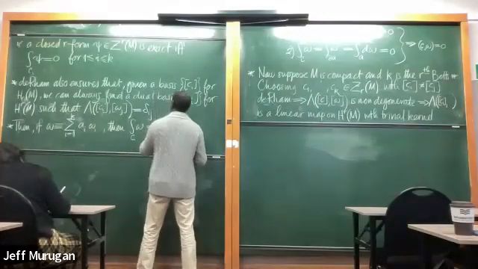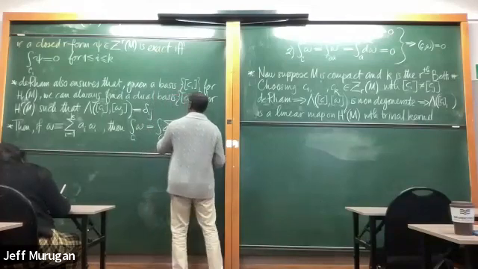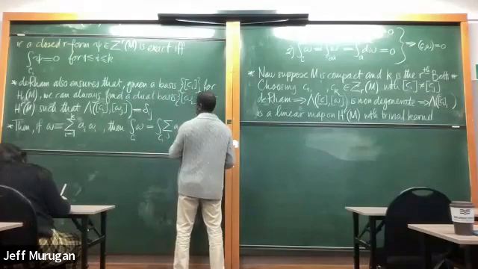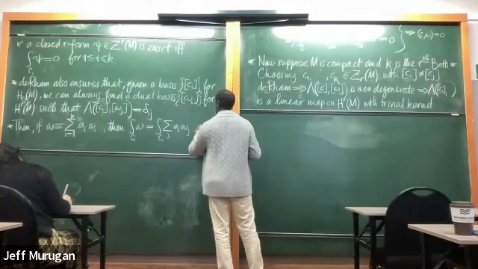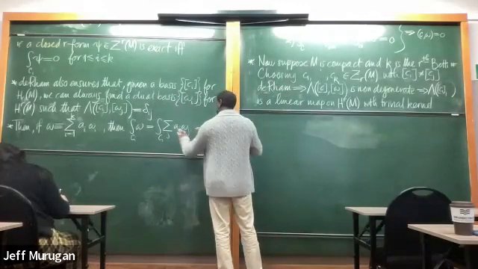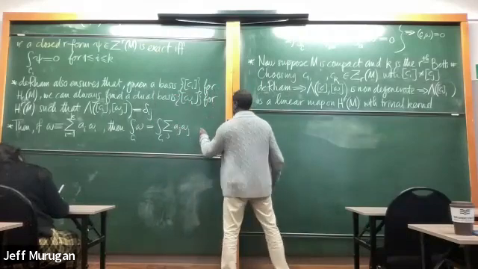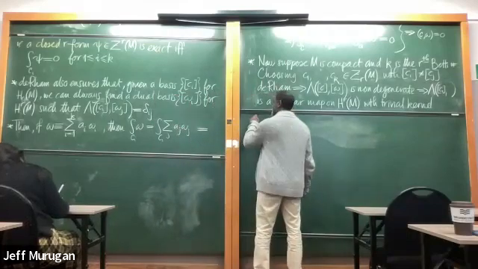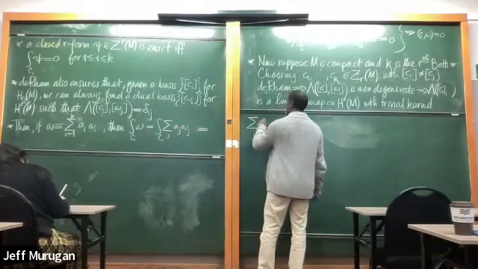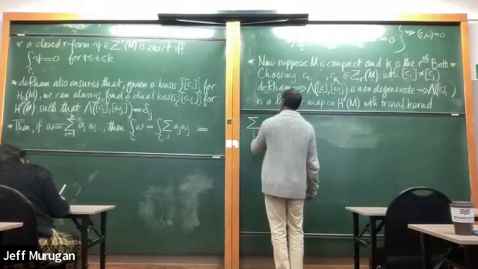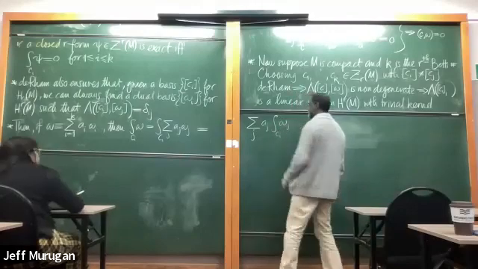And this is the integral over C_i of the sum over j of a_j omega_j, which is the sum over j of a_j times the integral of omega_j over C_i.